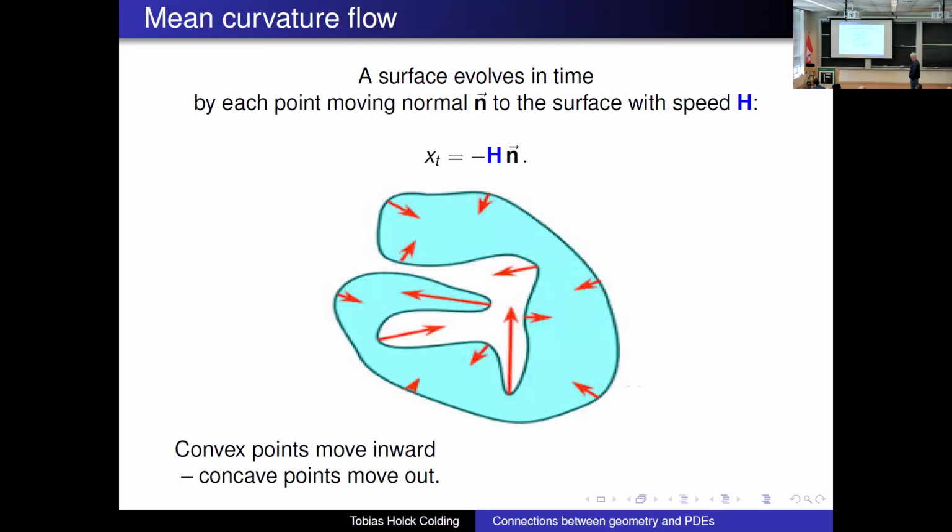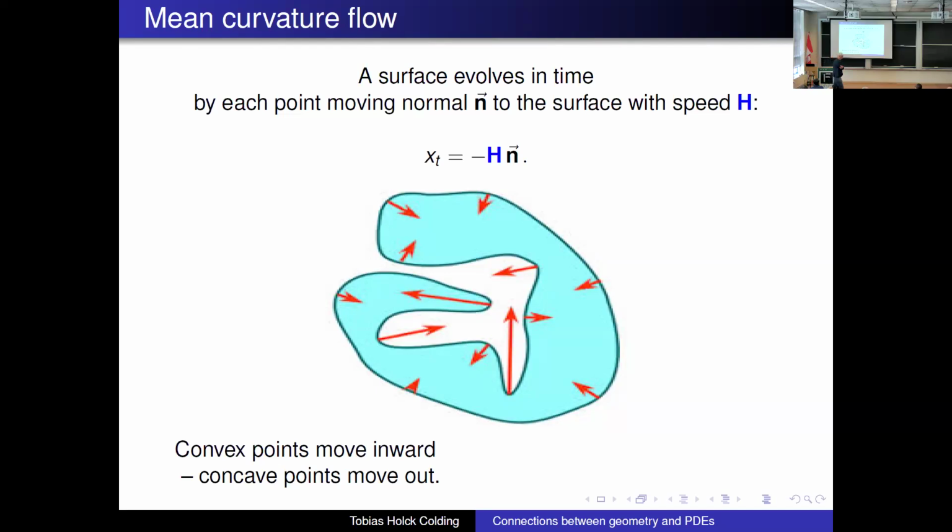So one natural equation that comes from geometry is the minimal surface equation, where the mean curvature is 0. Another natural equation is the mean curvature flow equation.